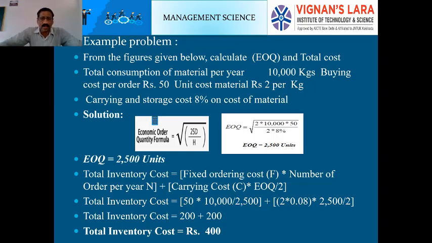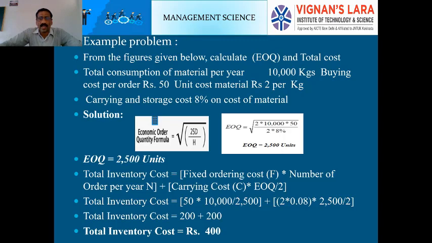Here another information we can also obtain, that is number of orders to be placed. Number of orders to be placed equal to annual demand by EOQ, that means 10,000 by 2,500.